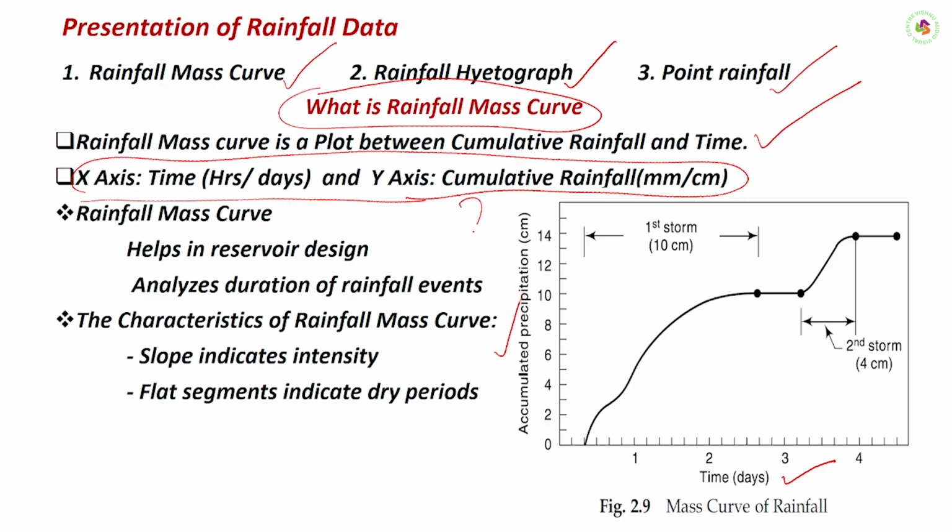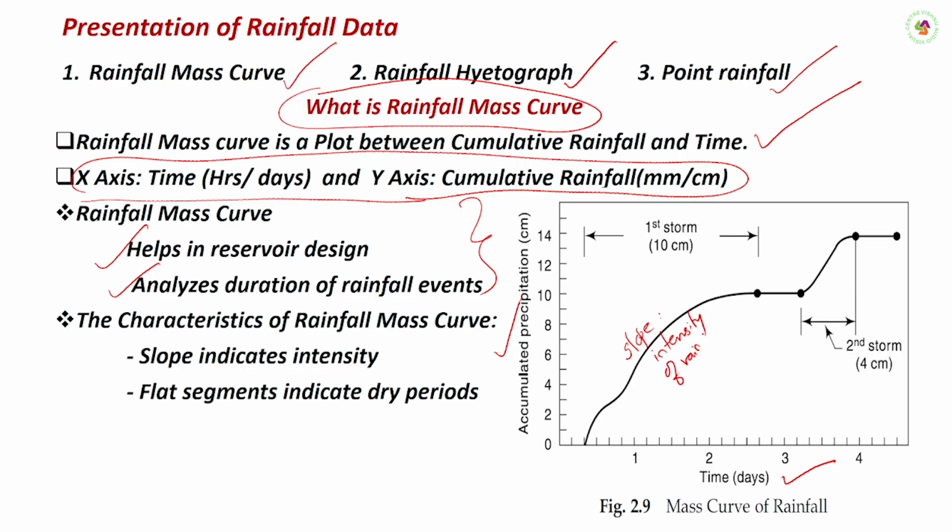If you have the rainfall mass curve, you can analyze how the rainfall events have occurred, and for any hydraulic structure or reservoir creation, you require this mass curve. What this mass curve also indicates is that the slope of this mass curve is nothing but the intensity of rainfall.